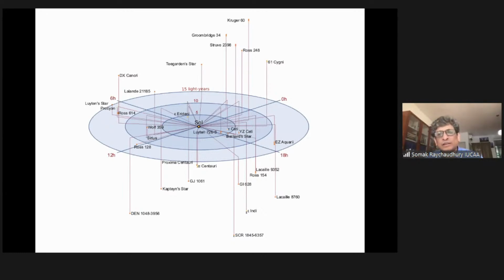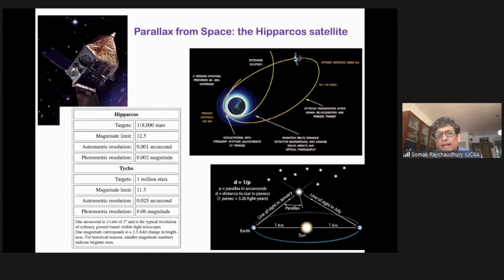I showed you that this measurement of parallax and measurement of distances became a very important exercise once we started doing this from space. And I talked about Hipparcos and Gaia last time. I just wanted to point out a couple more things. Hipparcos's entire lifetime was about 3.5 years, and it had an Earth-centric orbit, which is very close to the Earth.